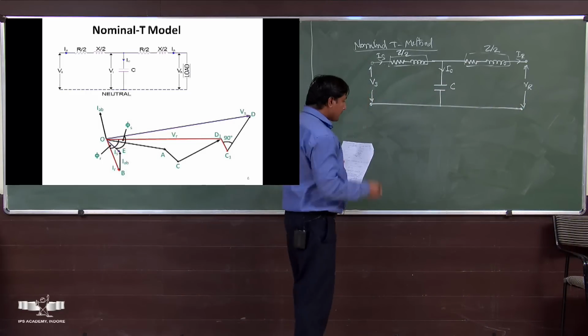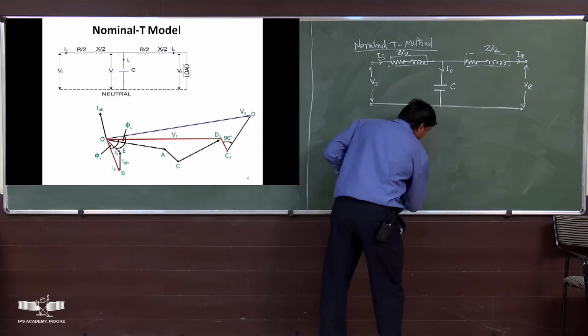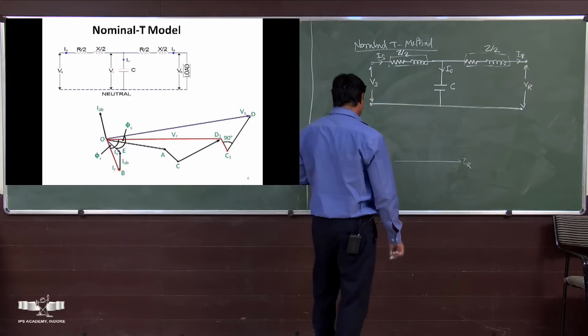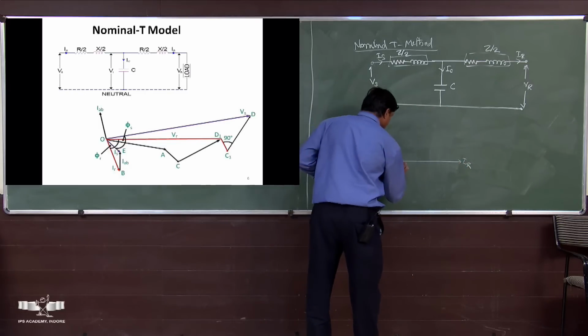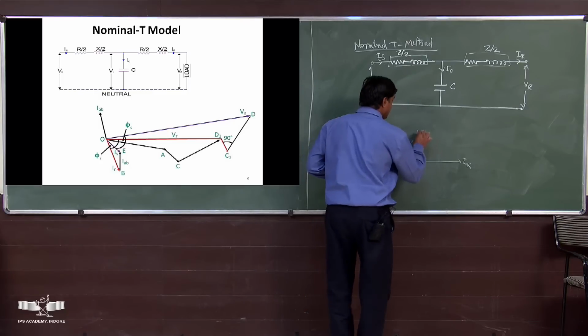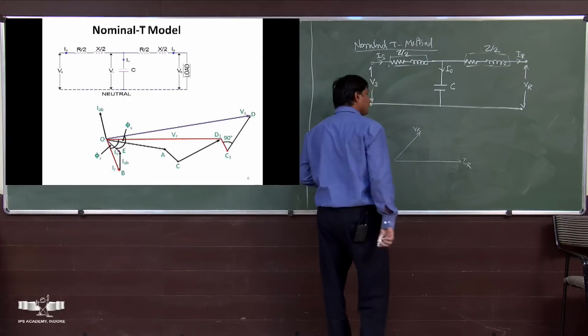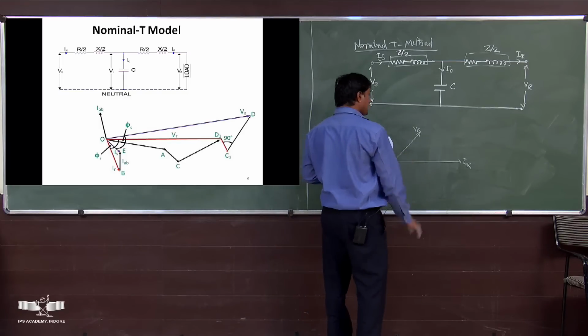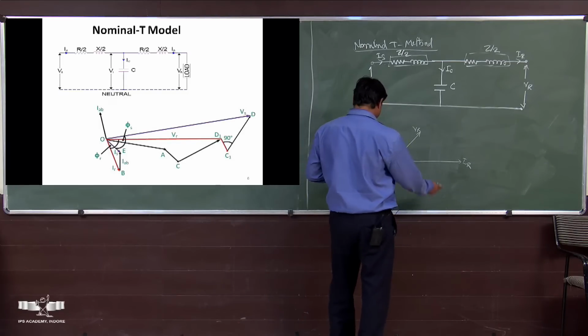Here our reference phasor is the receiving end current. IR is our reference phasor, and according to this model, VR and IR are lagging.